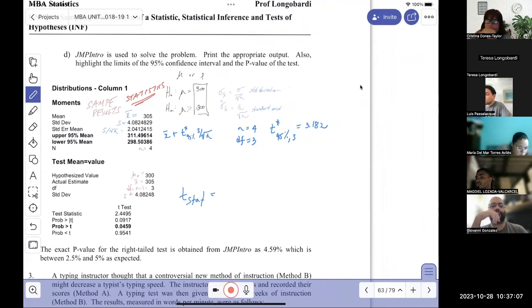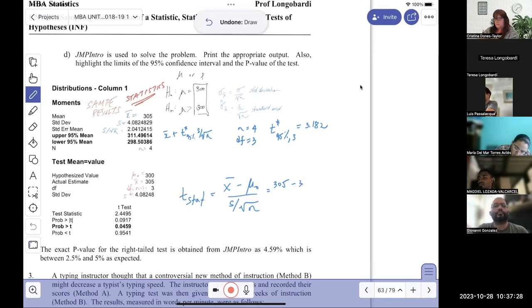The t-stat takes the estimate, X bar, subtracts the hypothesized mean, and divides by S over root N. So it's going to be 305 minus 300, divided by S over root N. We have above 2.0412415.